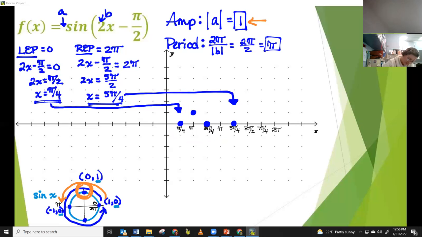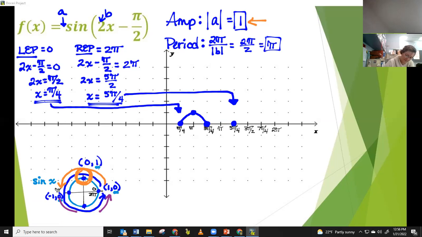All right, so I've got my sine wave. I start at 0. I come up to my high point. I go here. I come back down to the x-axis. What happens on the bottom part of the unit circle as I come down around this way? What happens down here? What is my sine value?